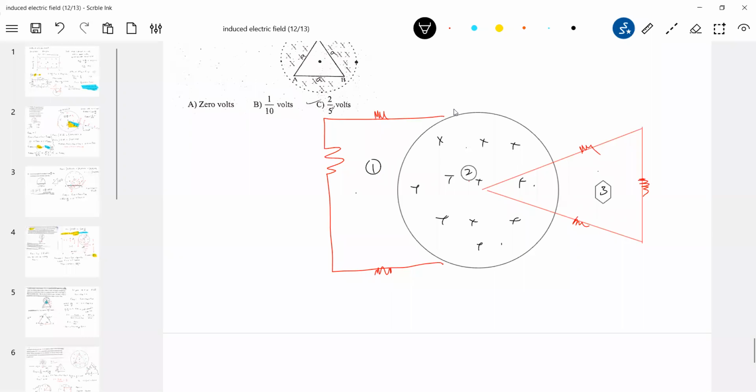The area of this sector into dB by dt is the EMF induced in loop 3. So no net EMF induced here, it should be 0. Whatever EMF is produced here, equal and opposite will be produced on this side. So you can get more than one loop in induced electric fields. You have to be careful. Our books confine only to one loop, but more than one loop can come. Tomorrow I'll continue with some problems related to this.